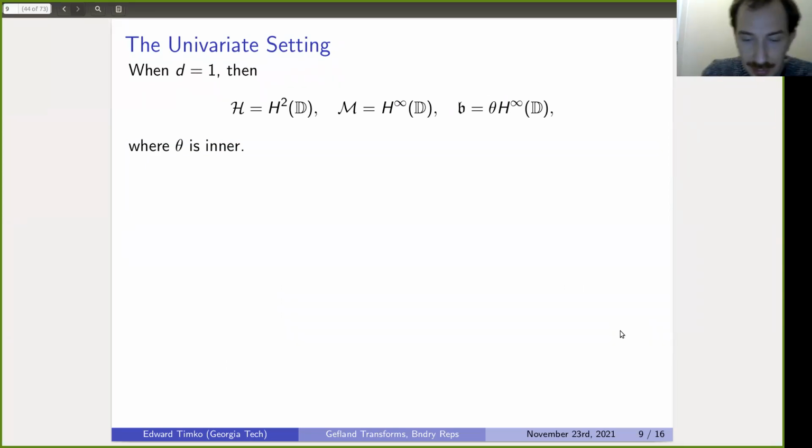So let's get down to a little bit more specifics. In the univariate setting, the ideal B is going to be of the form theta H infinity, where theta is some inner function in H infinity.